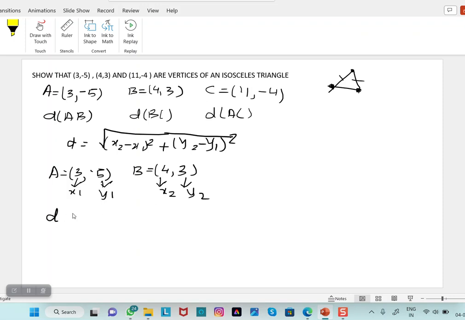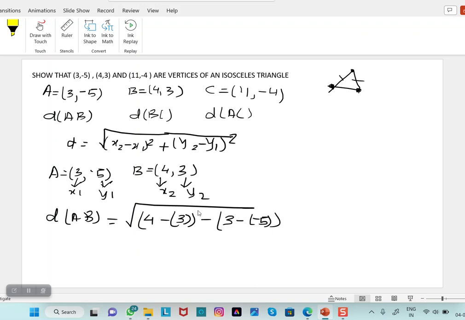To get distance AB, we put root of (x2, which is 4, minus x1, which is 3) the whole square plus (y2, which is 3, minus y1, which is -5) the whole square.